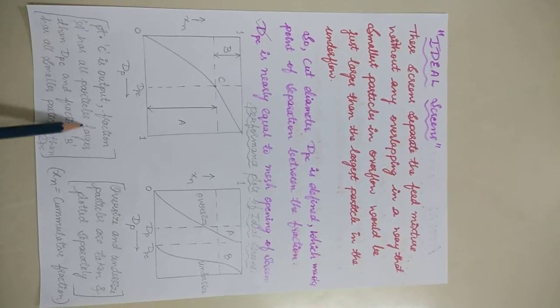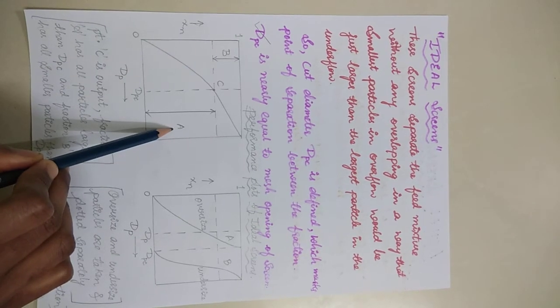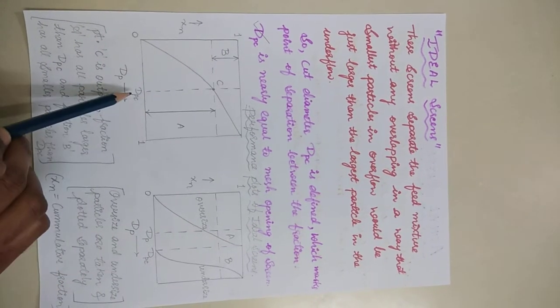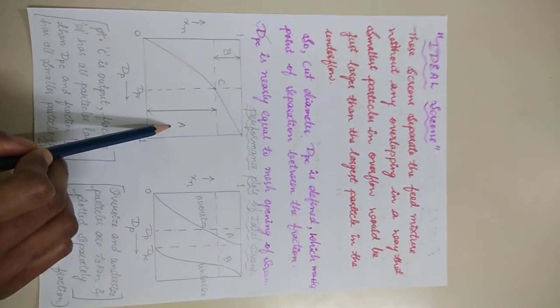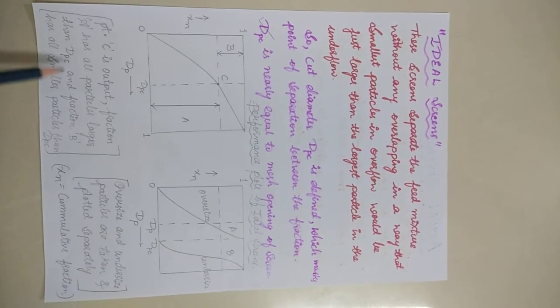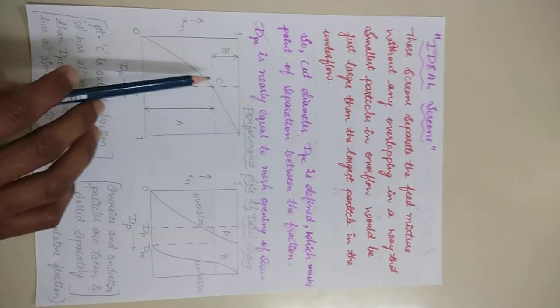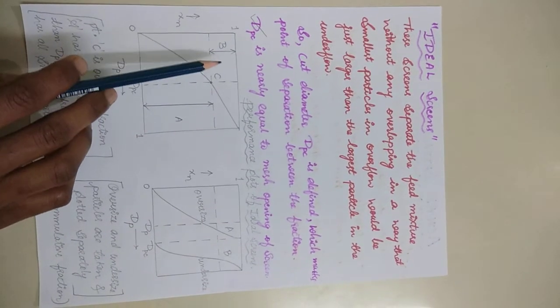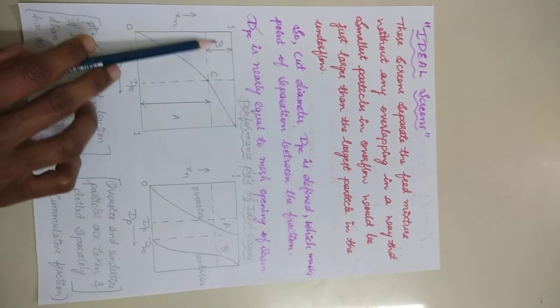Fraction A has all the particles larger than DPC, so these are oversized particles. And fraction B has the particles smaller than DPC, so these are all underflow or undersized particles. This fraction is denoting it.